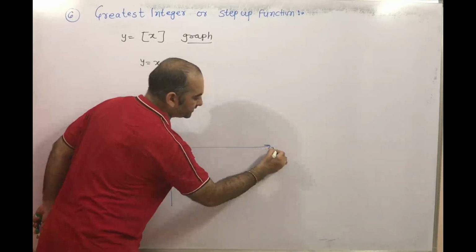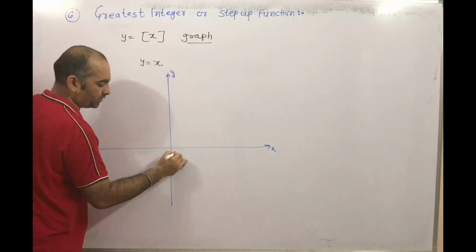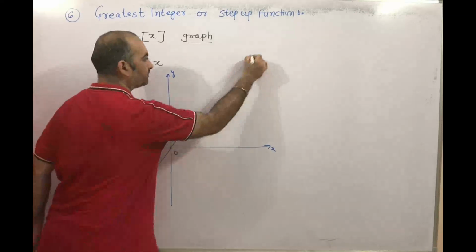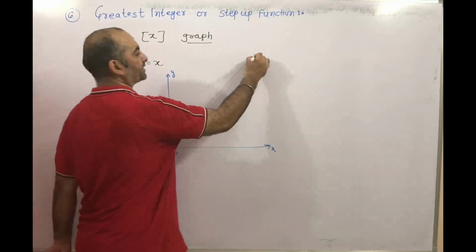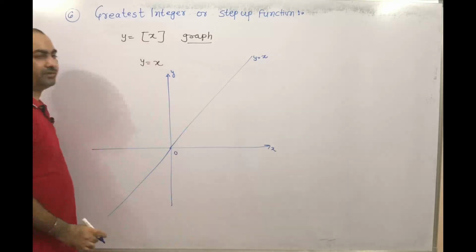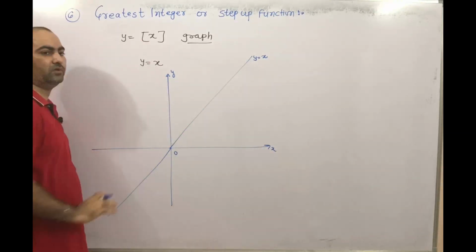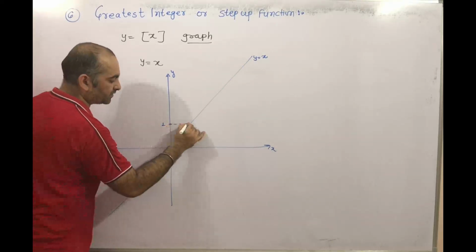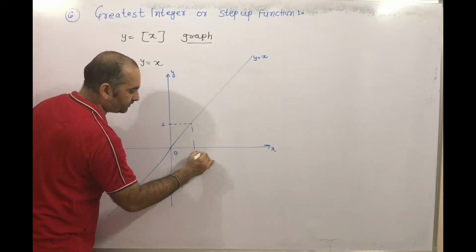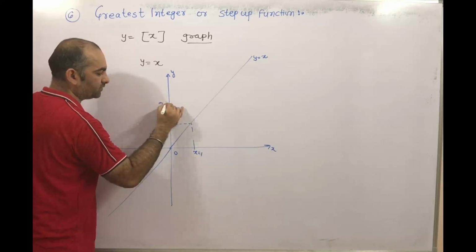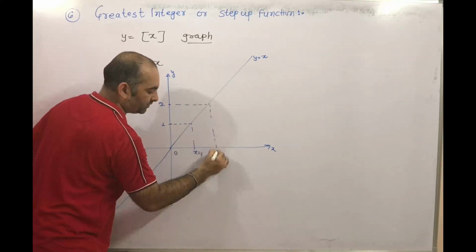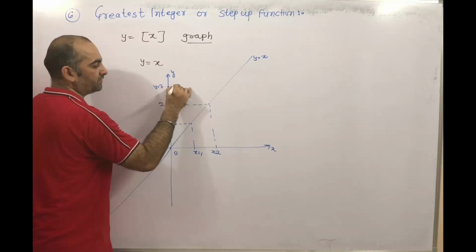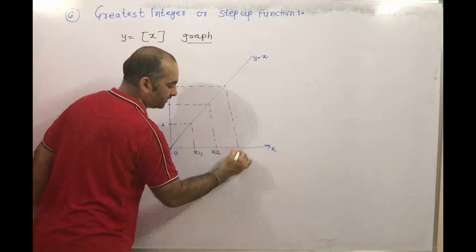So this is the x axis, this is the y axis, and this is the origin. The y equal to x graph will come like that. So this is the y equal to x graph. First we are finding where y equal to x is an integer. When y is 1, with respect to it x is 1. When y is 2, x is 2. When y is 3, x is 3.